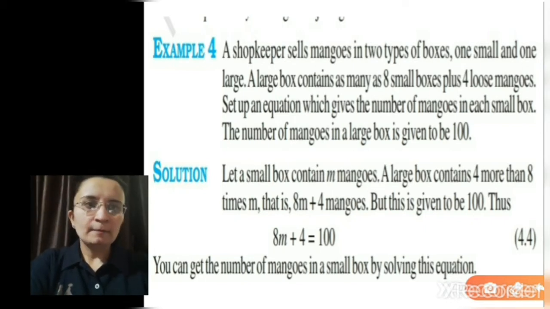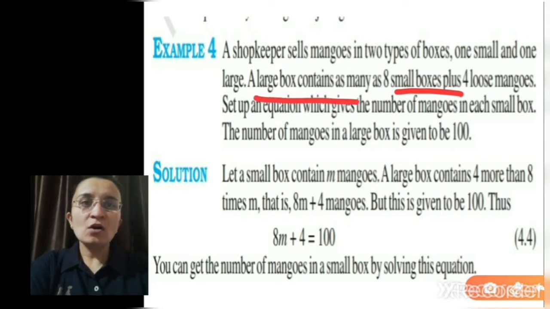We know the number of mangoes in a large box is 100. Take the middle part. We don't know how many mangoes a small box contains, so let a small box contain m mangoes. Now a large box contains as many as 8 small boxes plus 4.